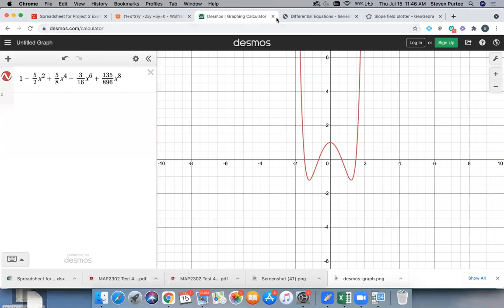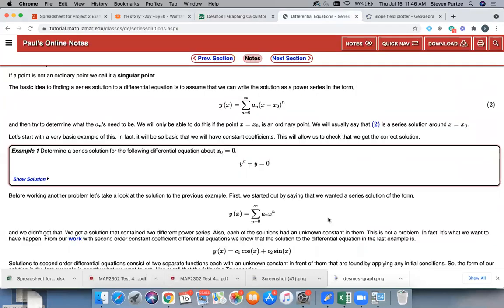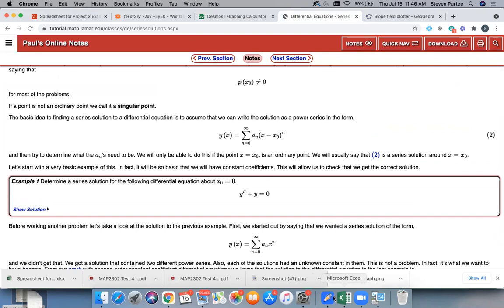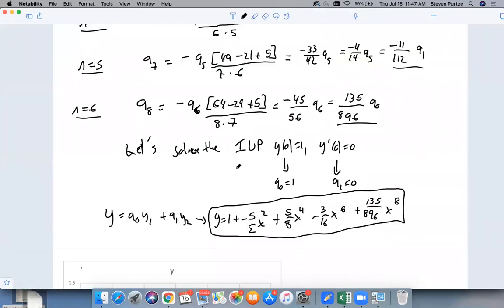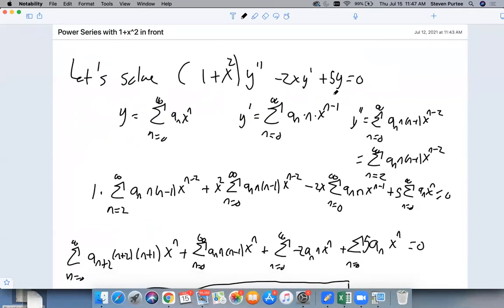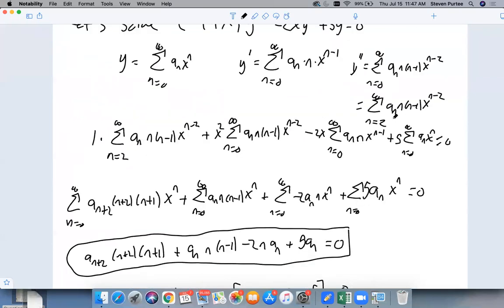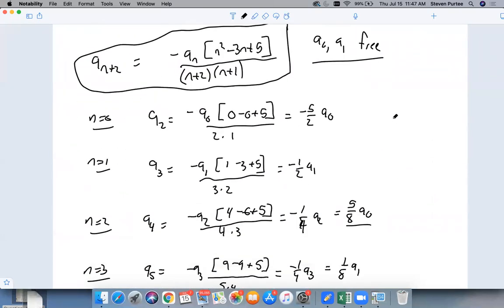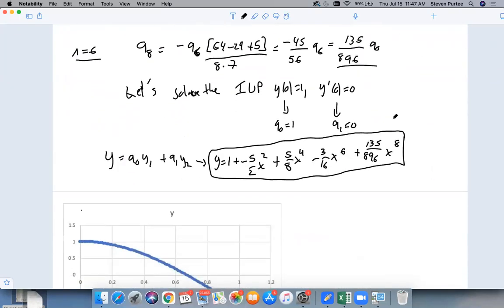Okay. One last thing I wanted to mention today, covering a lot of stuff today. We keep expanding about x equals 0. We don't have to. What if I wanted to solve this IVP here, but my initial points weren't y of 0 and y prime of 0?